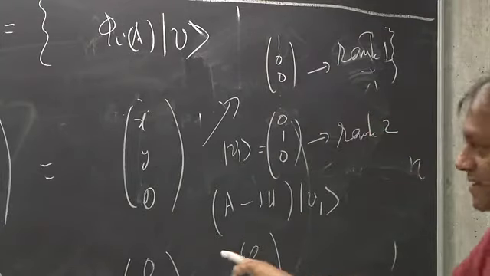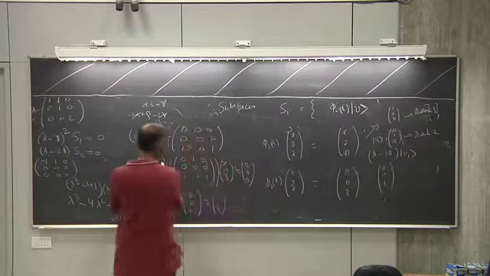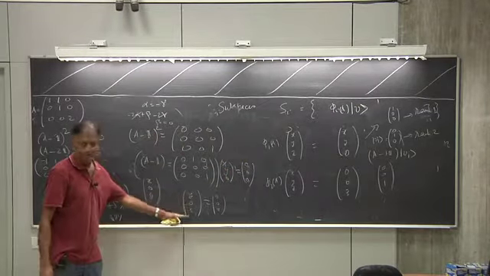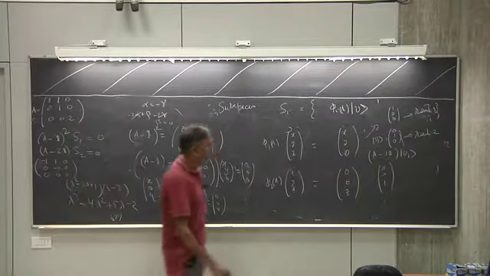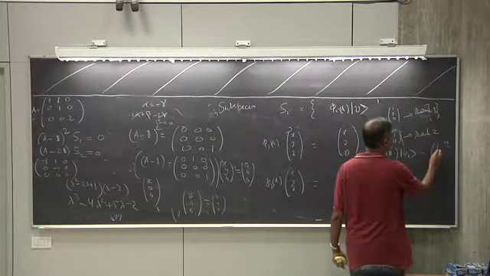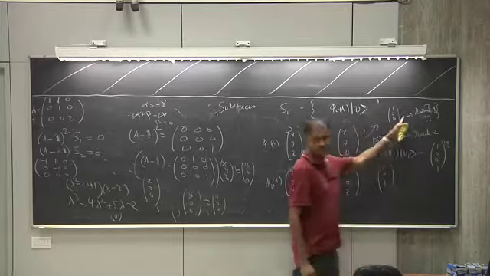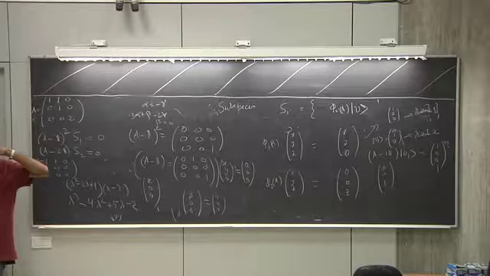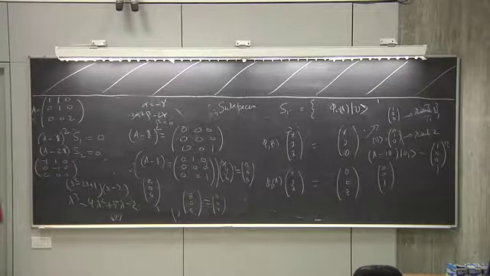And you can explicitly see this is what we computed actually. This A minus 1 acting on 0, 1, 0 just gives you 1, 0, 0, which is the other vector. So this is just an example. Here it was very simple because I chose the matrix conveniently. Otherwise it will be, yeah.